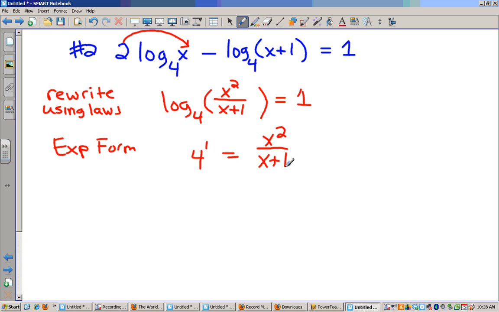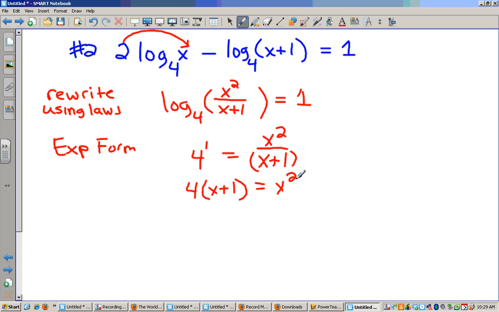Oh, man. It's annoying. It's not sticking today. So how do we solve this kind of equation? Right. You multiply by the x plus 1, right? You're multiplying both sides by x plus 1. So you're going to have 4 times x plus 1 equals x squared.